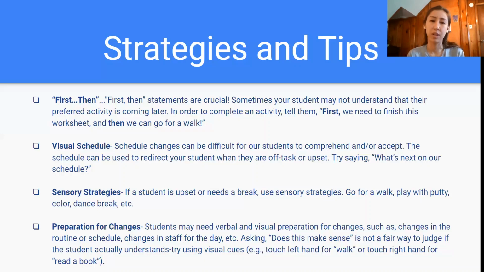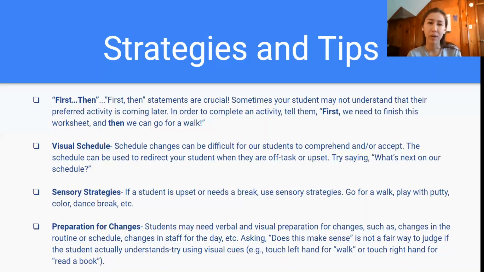So, asking your kids, oh, does this make sense, in general isn't really a good way to gauge if your kid understands what's going on. You really want to break it down for them in terms of who, what, when something might be changing and why something is changing. And especially if your students are verbally capable, it's always great to see if they can answer those questions back to really exhibit they have a solid understanding of what to expect.